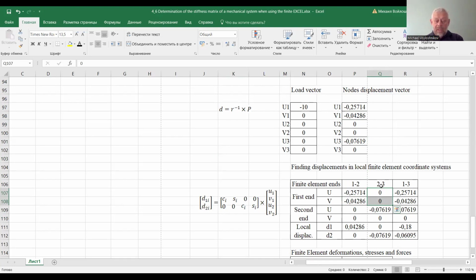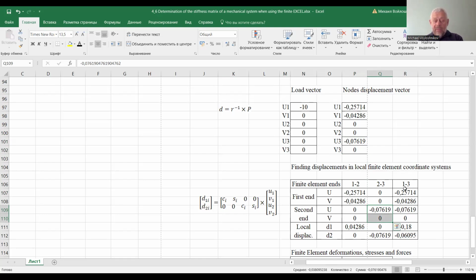Between nodes 2 and 3, we have this 0, 0, and for the second end, the abscissa and ordinate of displacement, we have point 3, because we consider the rod between point 2 and point 3. Then we copy here the abscissa and ordinate of displacement of point 3, the second end of the second finite element between nodes 2 and 3.